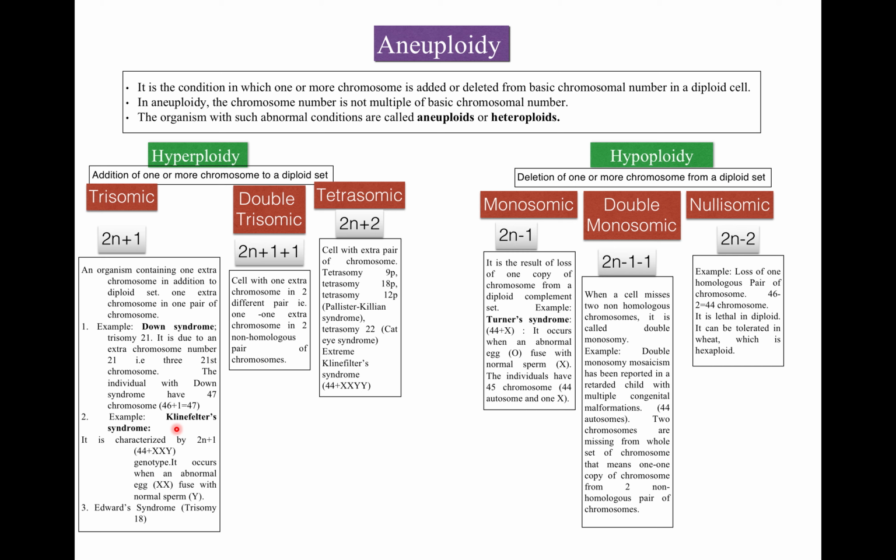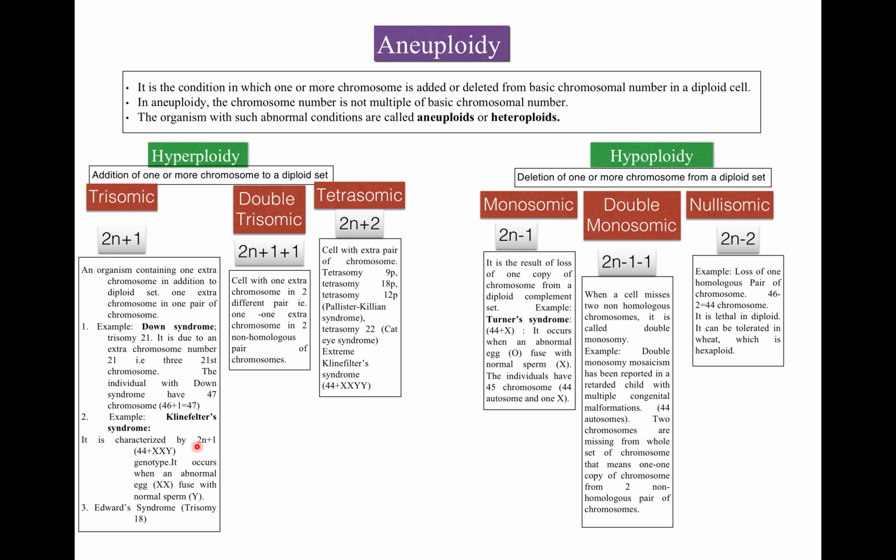The second example is Klinefelter syndrome. It is again characterized by 2n plus 1. It means 46 plus 1, that is equal to 47. Here 44 autosomes and 2 sex chromosomes make 46. Now there is one extra chromosome, that's why it has 47 chromosomes. So its genotype is 44 plus XXY.